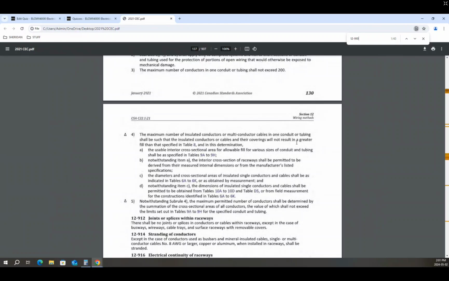Maximum number of insulated conductors will not result in greater than that fill specified in Table 8.